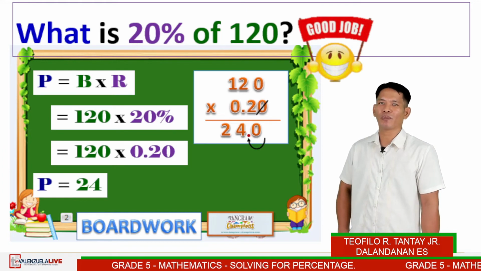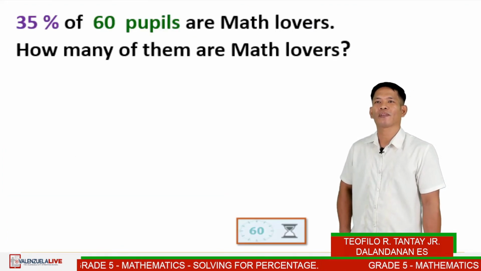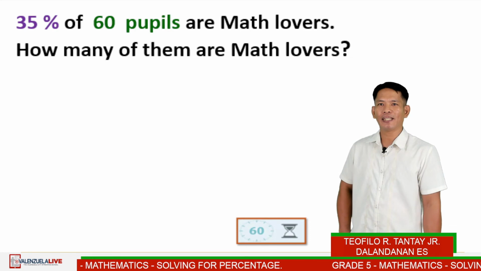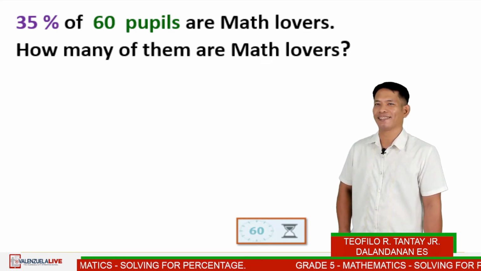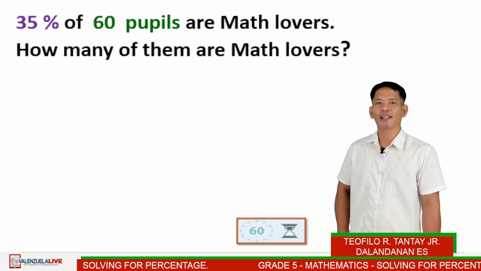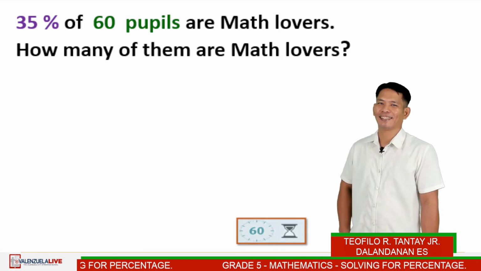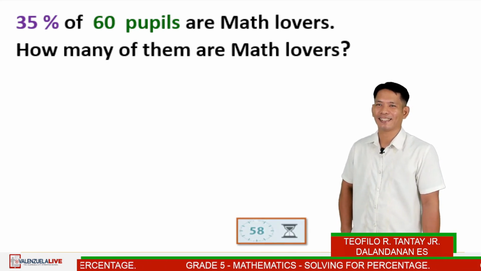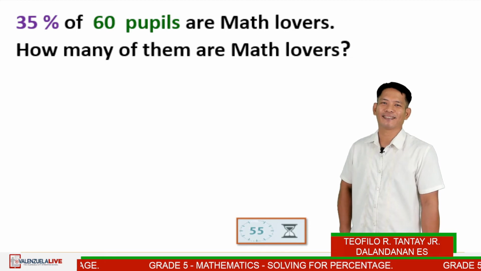Good job, grade 5 pupils. Next one we have 35% of 60 pupils are math lovers. How many of them are math lovers? 60 seconds. Second timer starts now.